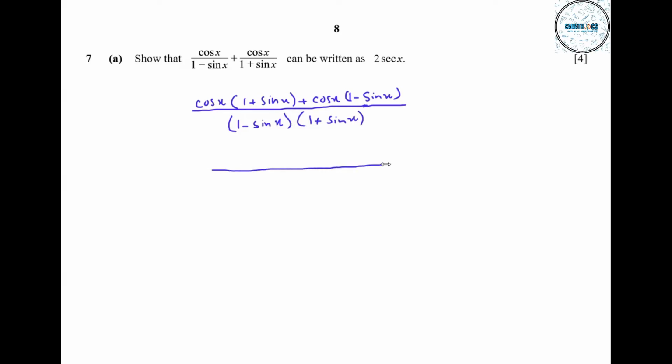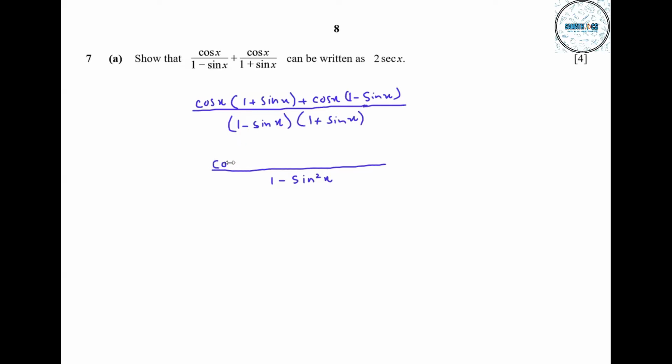We can apply identity in the denominator, and we can write it as 1 minus sine square x. A minus b, a plus b is equal to a square minus b square. So it is 1 square minus sine x square, which is 1 minus sine square x. Now we'll expand this.